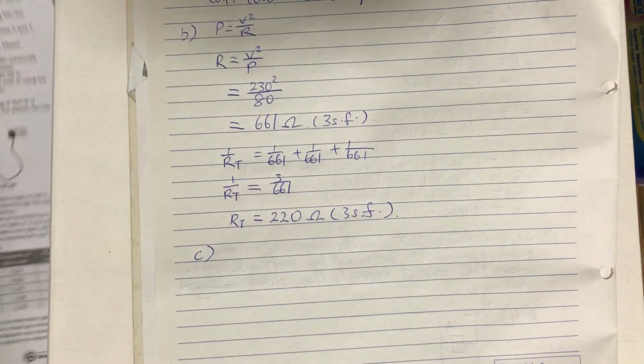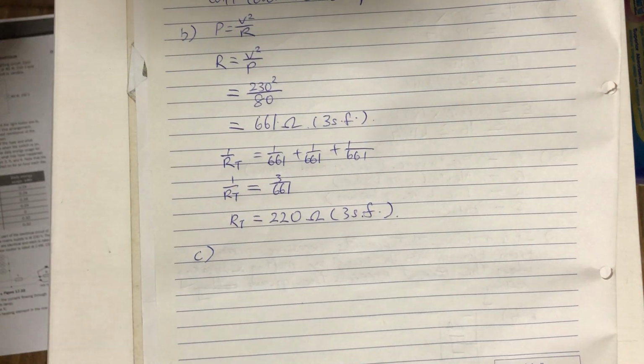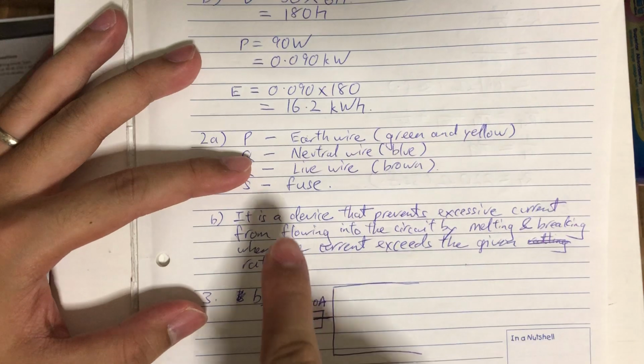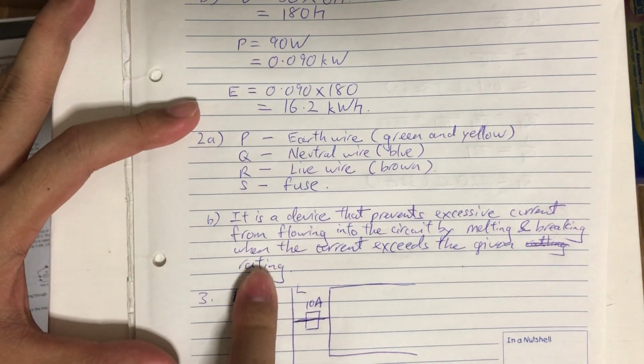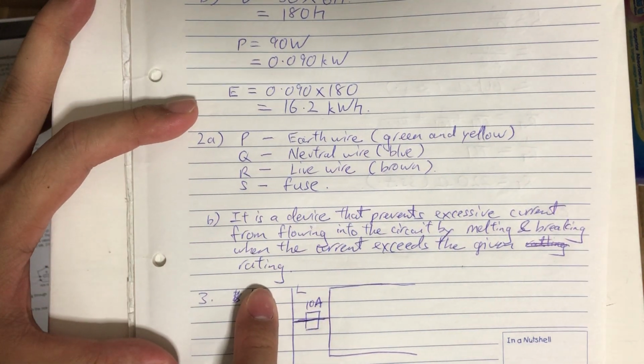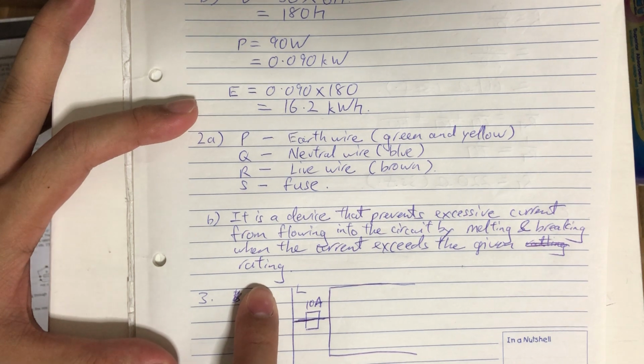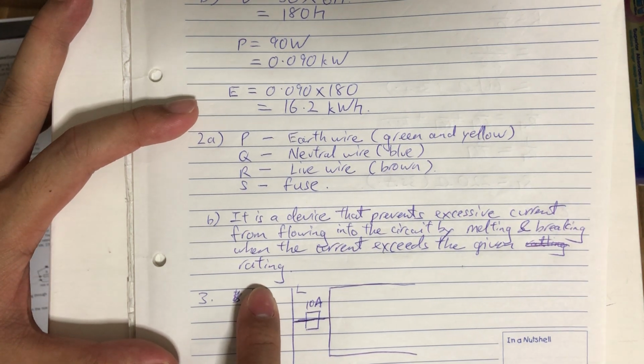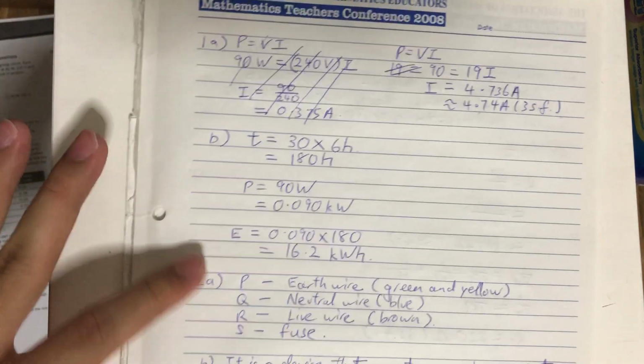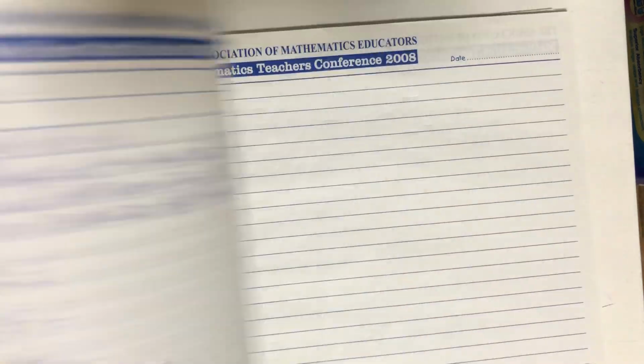The purpose of the fuse is, like what we have mentioned earlier, the answer in question 2B of section B. So I'm not going to copy this again. Let's do the second part.